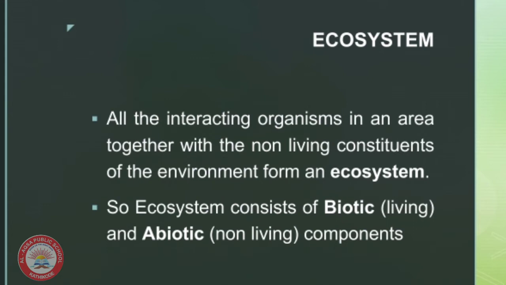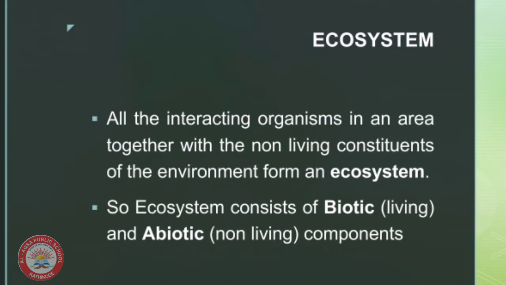Plastic cannot be degraded because bacteria or saprophytes do not have enzymes that can break down plastic. Now let us see what is an ecosystem and what are its components. All the interacting organisms in an area together with the non-living constituents of the environment form an ecosystem. That is, an ecosystem consists of all living things and non-living things in an area.